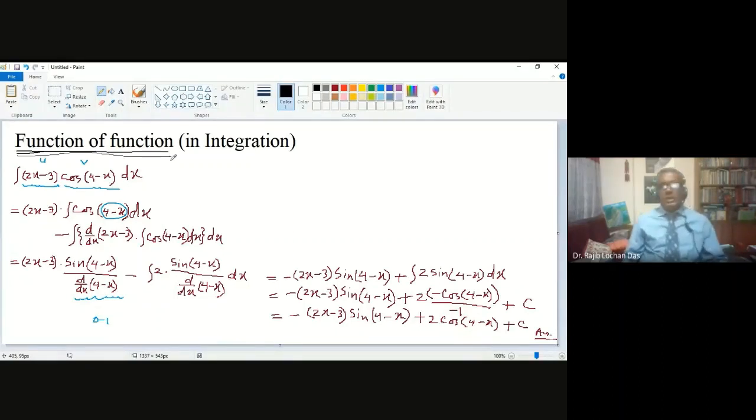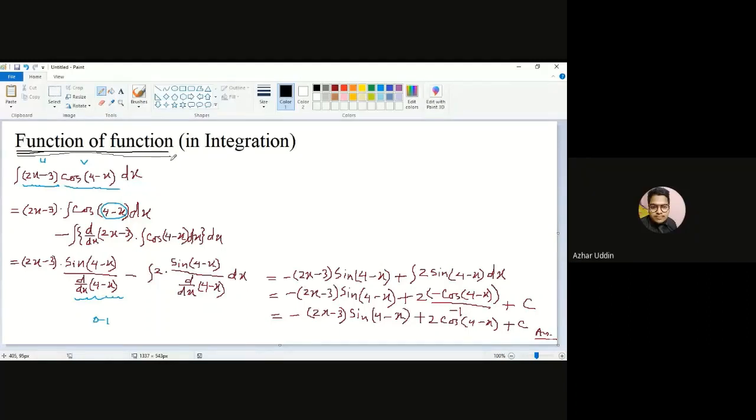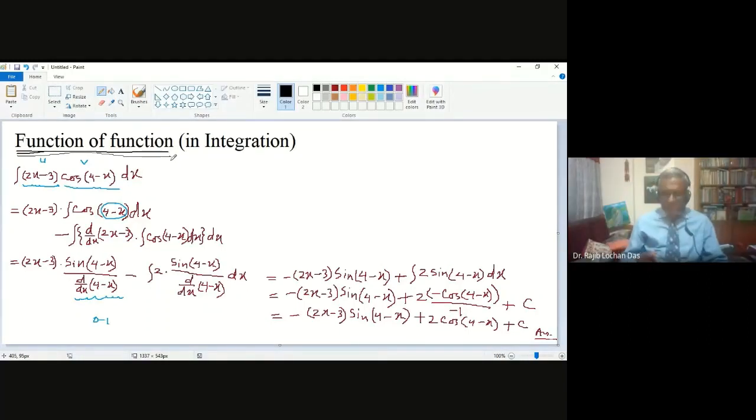Fine, finish. And function of function concept is this. Now, do you understand the method we have just discussed here? Is this clear? Yes, sir. Clear. Okay. Now we are not really learning the full concept. Function of function concept is clear to you, but how to solve the question, the technique I have now shown.